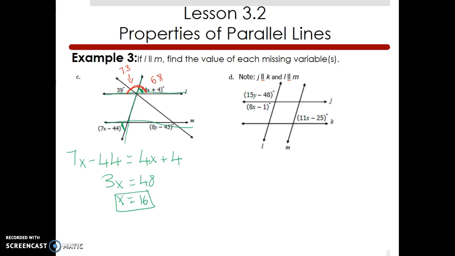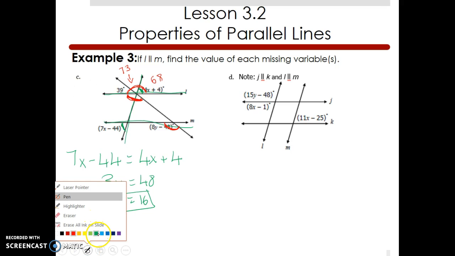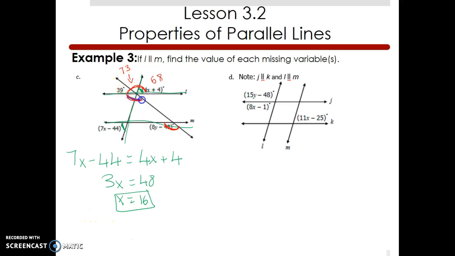So now what I'm going to use is that this angle is going to be the same as this angle, correct? Let me just change my color for that one. That angle and that angle are going to be the same. So let's use vertical angles. That's going to be 68. That's going to be 73.